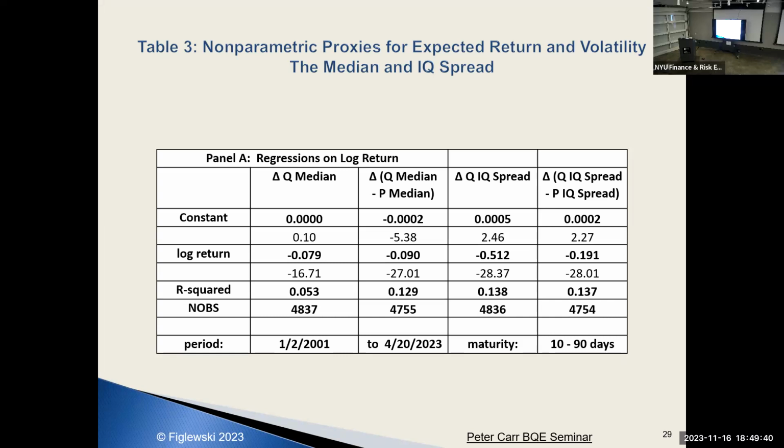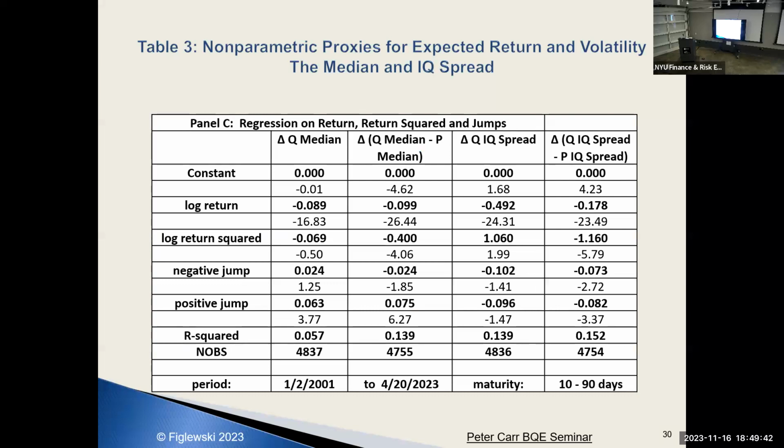Suppose we add some more things, some risk variables. Here's return squared, right? So that's equivalent to a volatility or a variance kind of factor in here.